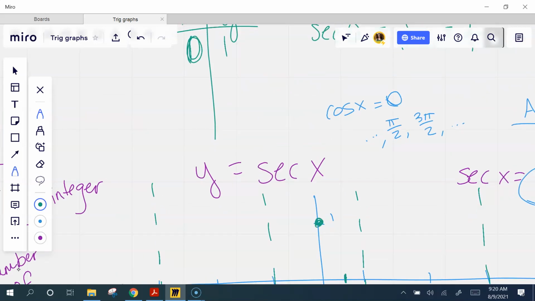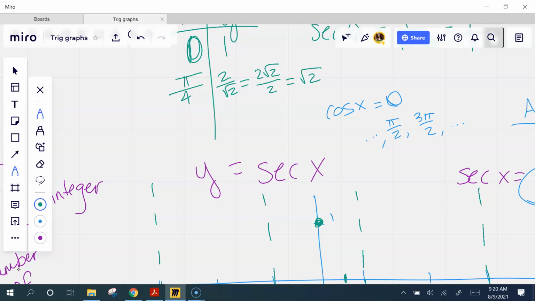So if I'm at pi over 4, is that bigger or smaller than 1? That's bigger than 1. Do we all agree?